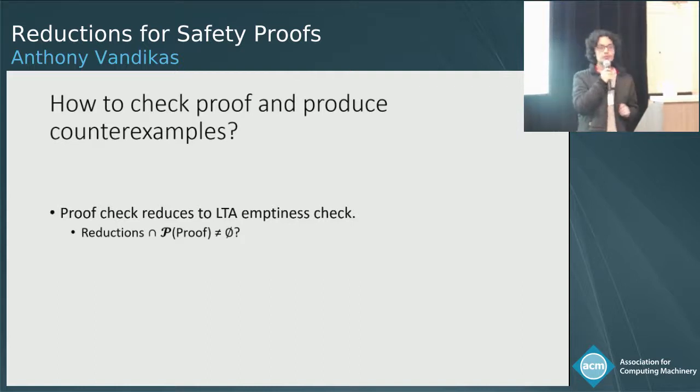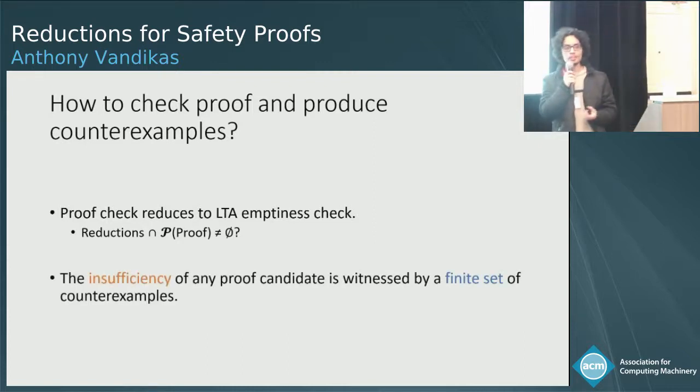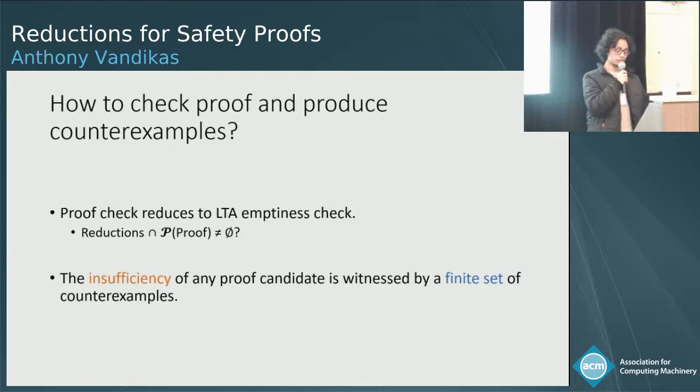But as it turns out, when you represent a set of reductions using looping tree automata, you have this finite counterexample property. All the reductions are sufficiently close together that a finite number of counterexamples is sufficient to witness the insufficiency of the proof candidate for all of the reductions.